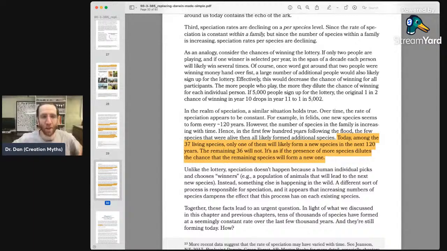The constraint on speciation is having ecological niches that could support an additional species. So to the extent you have a large carnivorous cat that lives in a particular habitat, you're not going to have a new large carnivorous cat evolve to occupy that habitat. That ecological niche, a large carnivorous cat, already exists in that particular place.